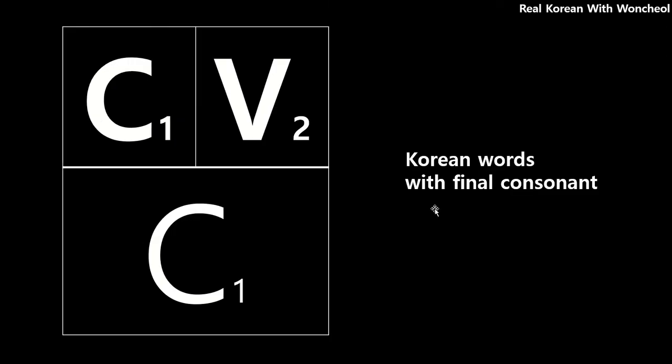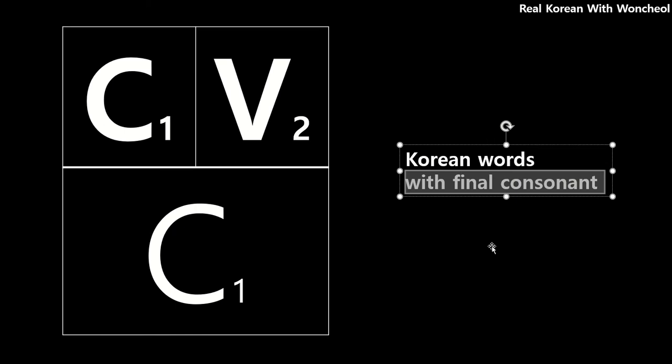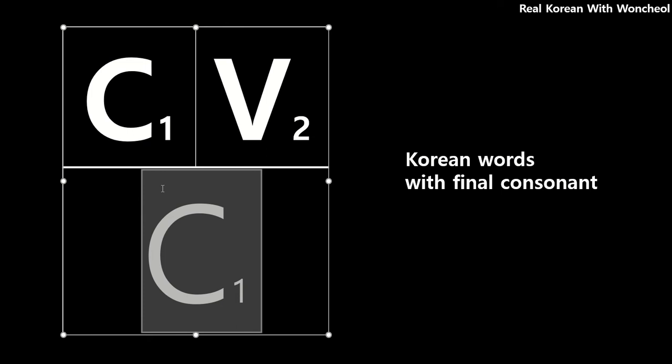But today we learn the Korean word with final consonant. So by final consonant, I meant this one here at the bottom. So consonant on the left and vowel on the right, and then another consonant but at the bottom of the word. Okay, let me show you examples.